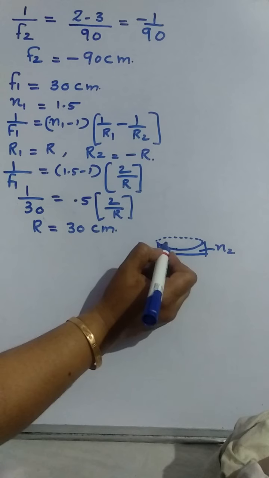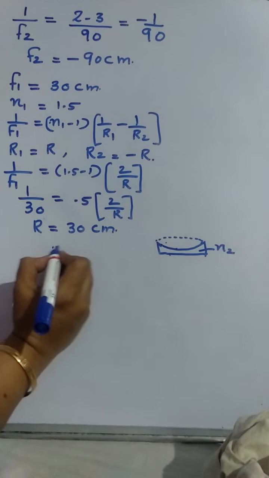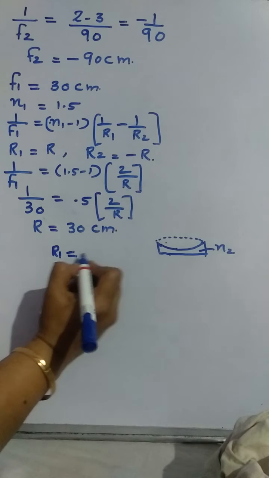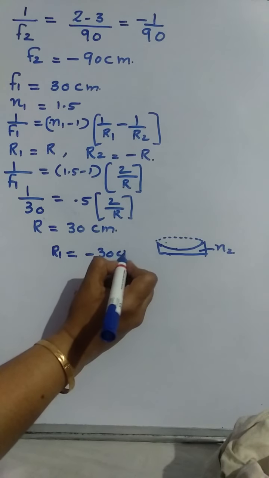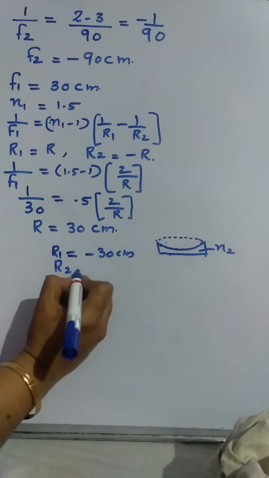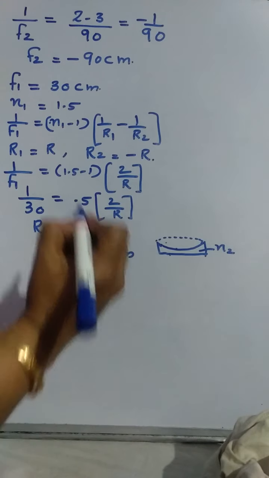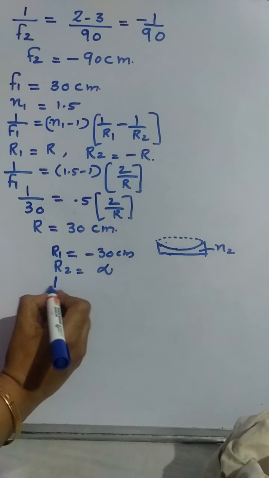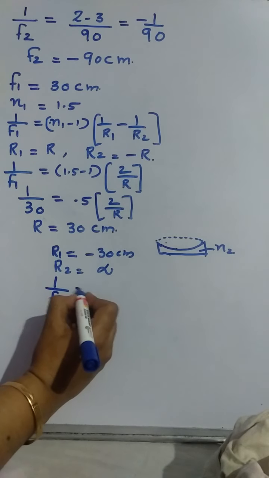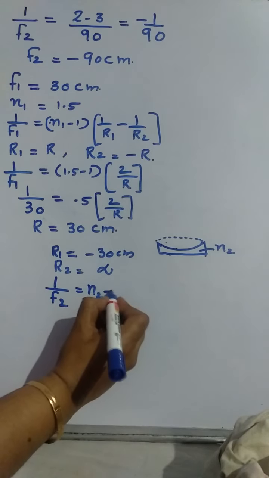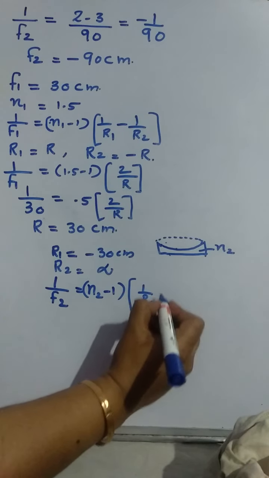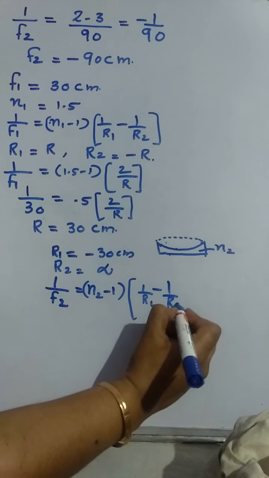So for this surface the radius of curvature R1 for the plano concave lens is minus 30 centimeter, and R2 is equal to infinity. Again we can use the formula, that is 1 by F2 is equal to N2 minus 1 into 1 by R1 minus 1 by R2.